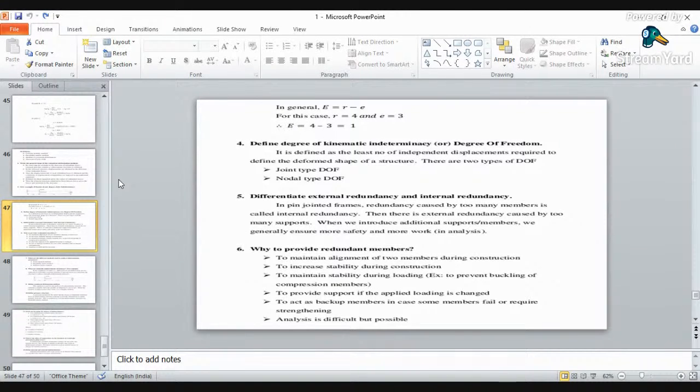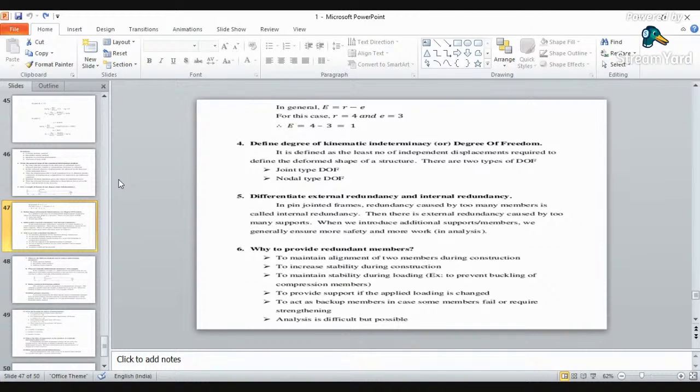It can only rotate; it will not move in the vertical y direction or the horizontal x direction. It will rotate about the z direction only. So it has a degree of freedom of 1, or kinematic indeterminacy of 1.